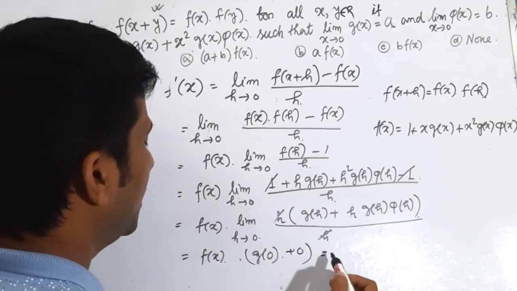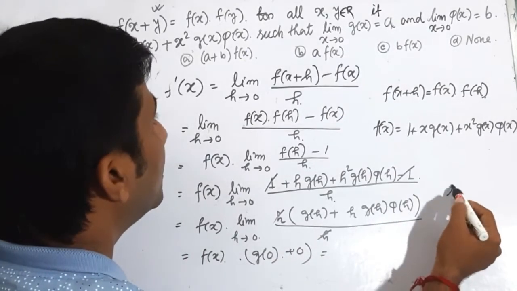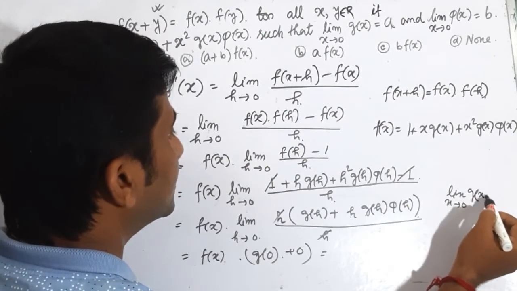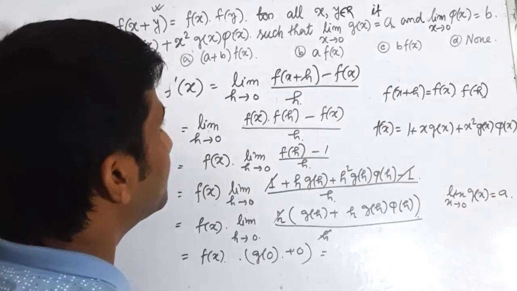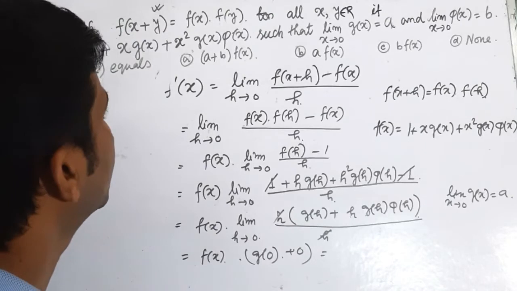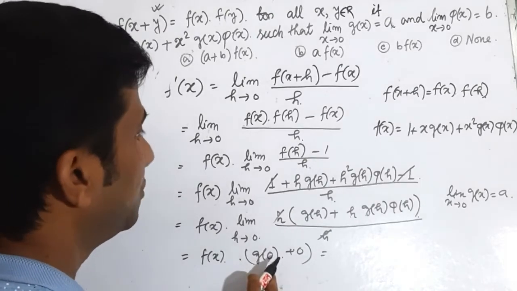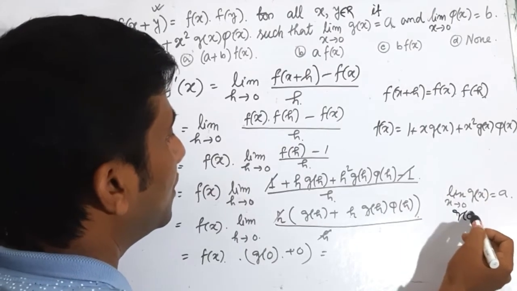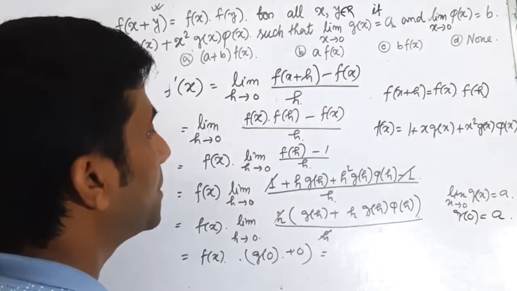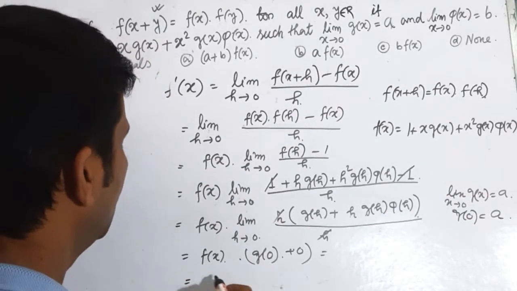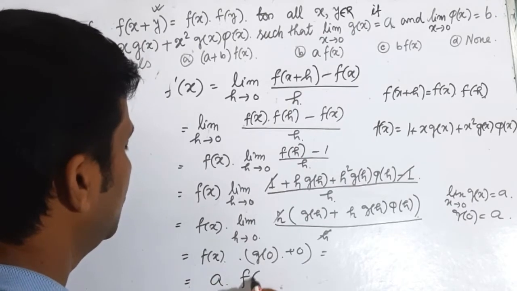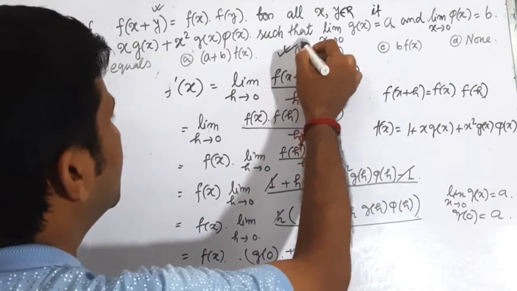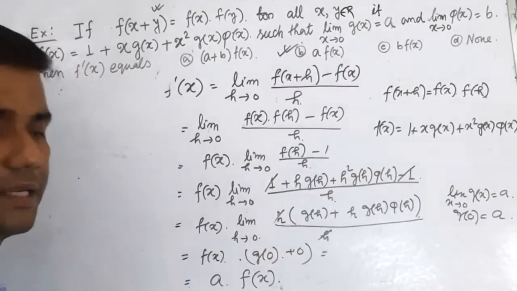Since limit x tends to 0 of g(x) is equal to a, g(0) is equal to a. So this is equal to a·f(x). So your required answer is B. B is the right answer.